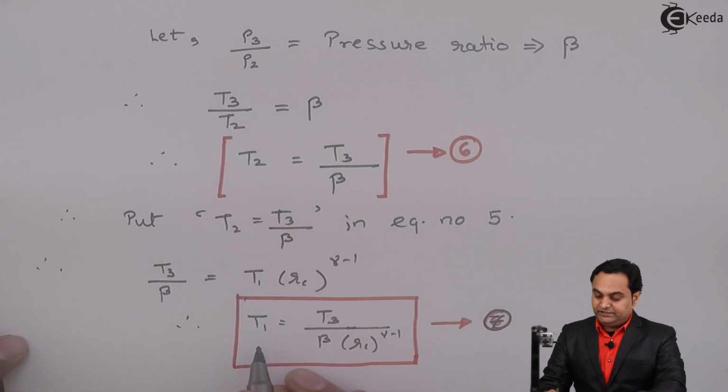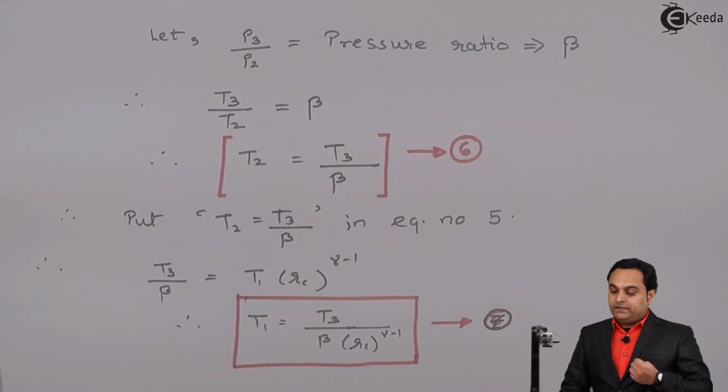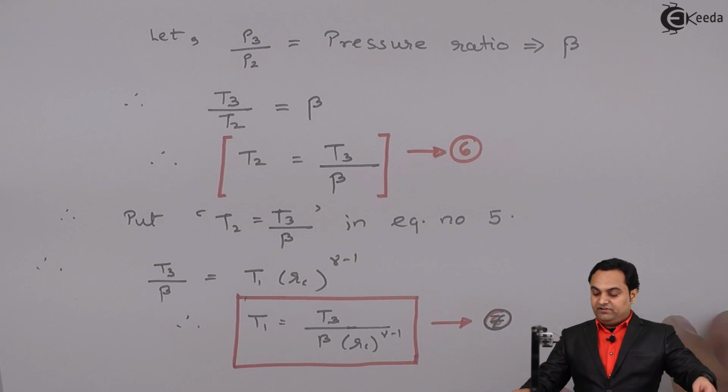So now T2 and T1 are both in the form of T3. The next thing would be to bring T4 and T5 in the form of T3.